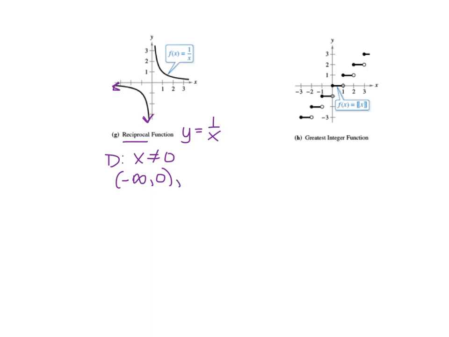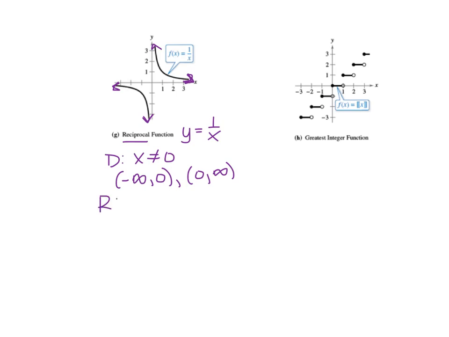Now on the right-hand side, I know that that graph is going to point up and then to the right forever. So it'll go towards positive infinity, but it has to skip that value of 0. So x can't equal 0 is inequality notation. From negative infinity to 0 and 0 to infinity is going to be your interval notation.